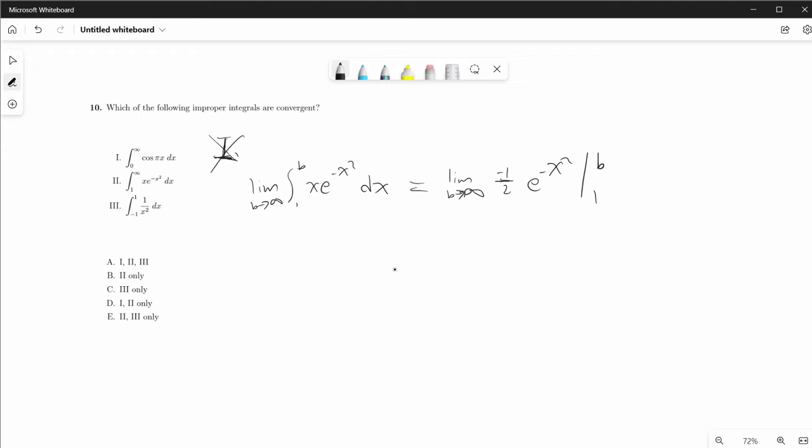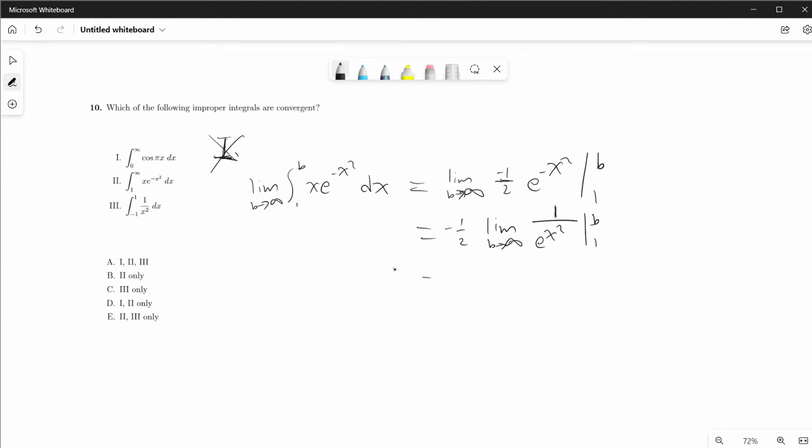I find this easier if I write the negative powers as fractions. So I pull the constant out. We have the limit as b goes to infinity, and this would be 1 over e to the x squared.